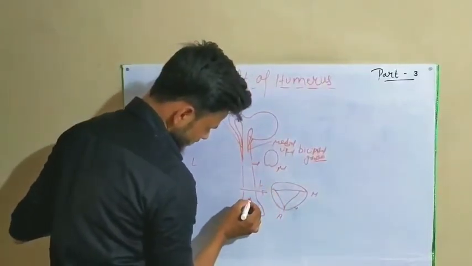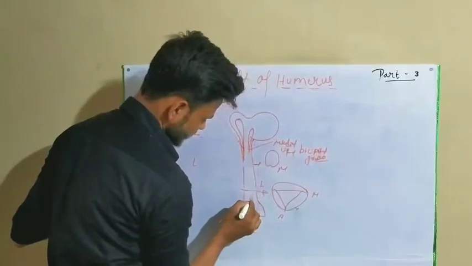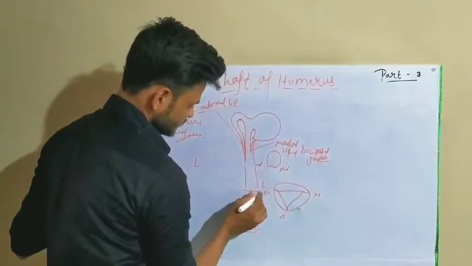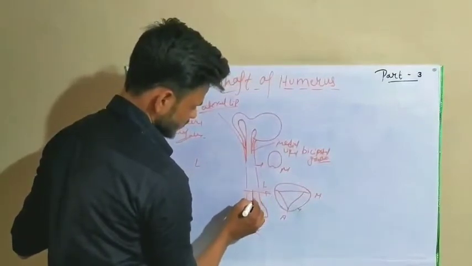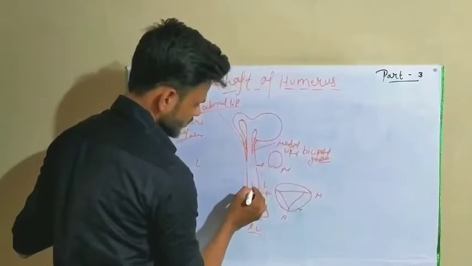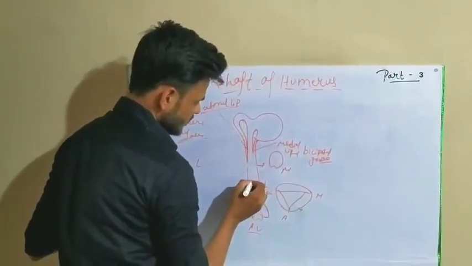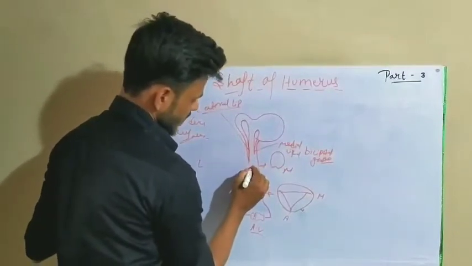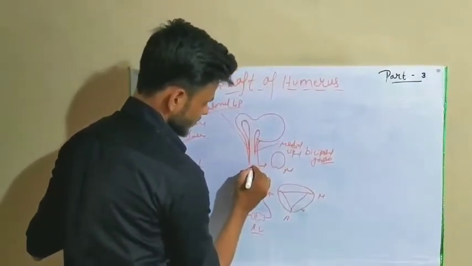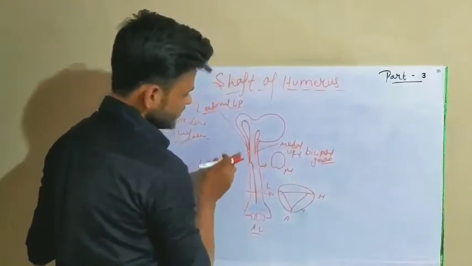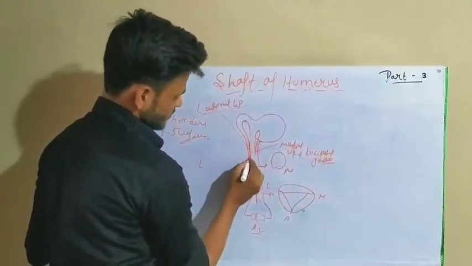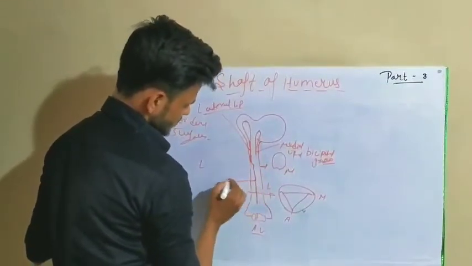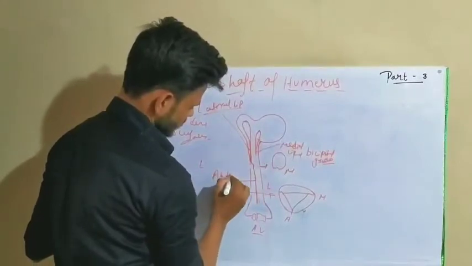The anterior border extends from the lower end of the shaft of the humerus and moves upward. At the level of the upper half of the shaft, it merges with the lateral lip of the bicipital groove. This border is called the anterior border.